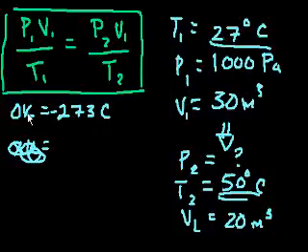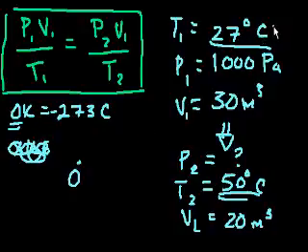Does that make sense? Because think of it this way. If you're at 0 degrees Celsius, you're already 273 degrees above 0 Kelvin, right? Hopefully that makes sense. Maybe you want to draw a number line just to make sure. So whatever Celsius degree you have, just add 273 to it, and you'll get Kelvin.